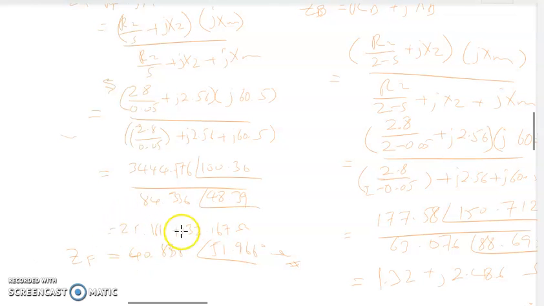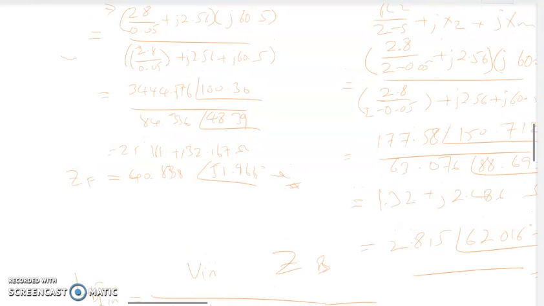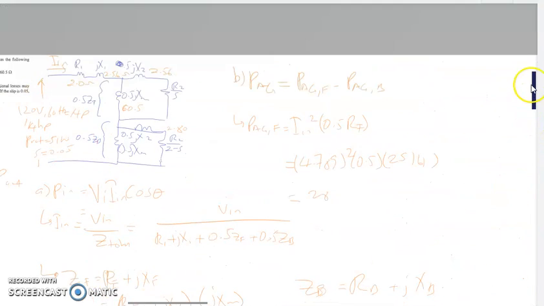This is R plus jXF, RF plus jXF, and forward. So 25.161, sorry. So we get 288.527 watt. So this is the P air gap forward.